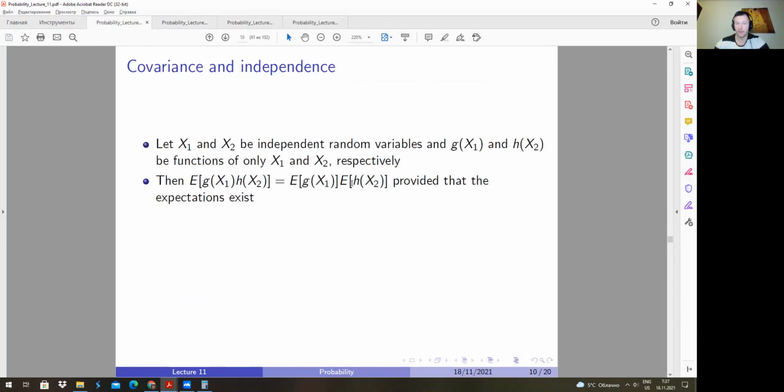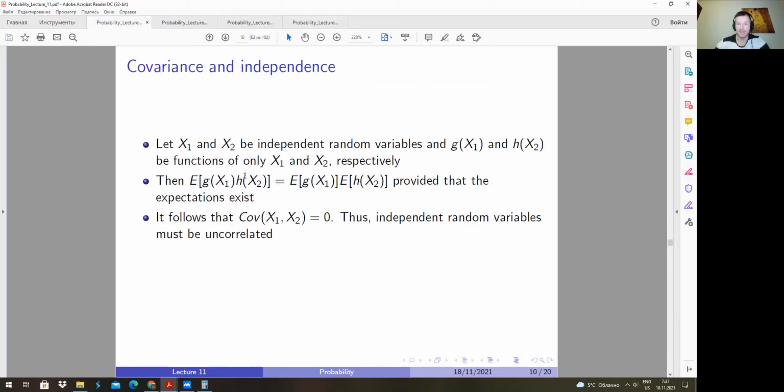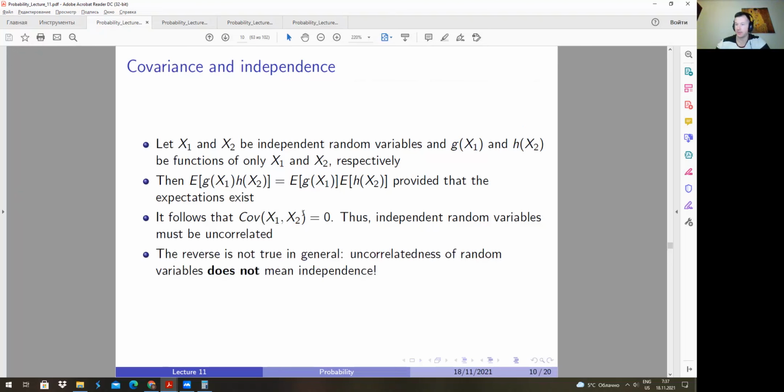So look what happens. In this case, the covariance between these two variables is 0, which means that independent random variables are always uncorrelated. It always holds. But the reverse is not true, which is important, and don't mess things up.